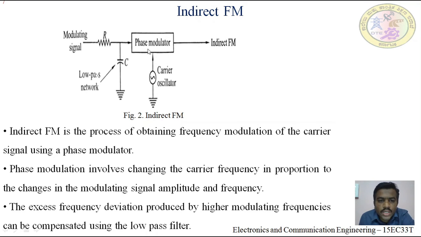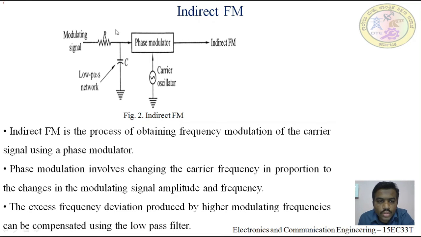But in phase modulation, with changing amplitude and changing frequency of the modulating signal, there is a change in the frequency of the carrier. Hence, in order to obtain the frequency modulation using the phase modulator, a low pass filter is used in order to suppress the higher frequencies of the modulating signal.